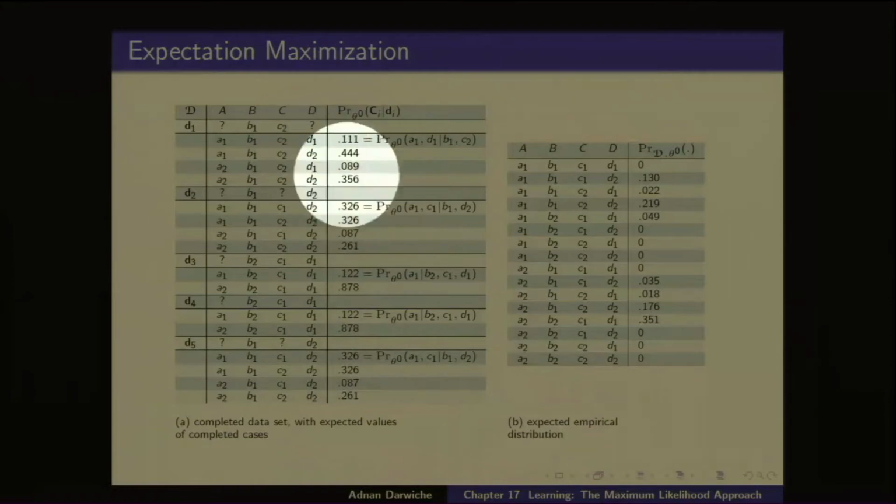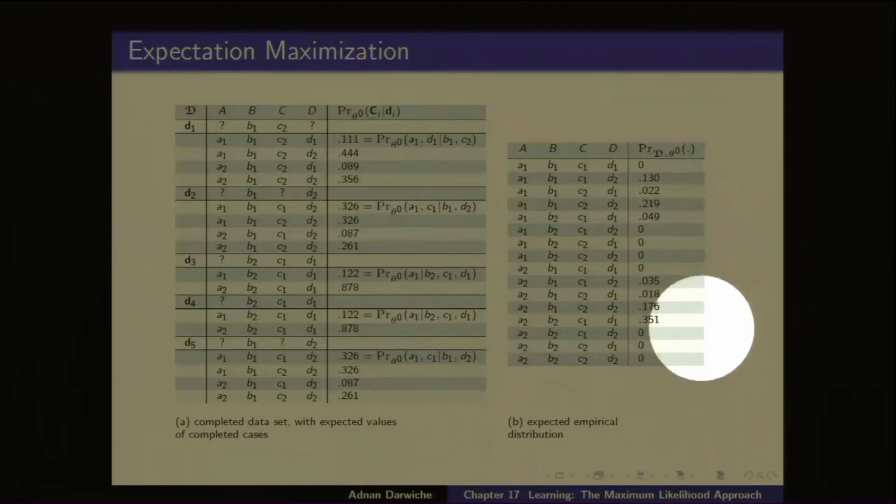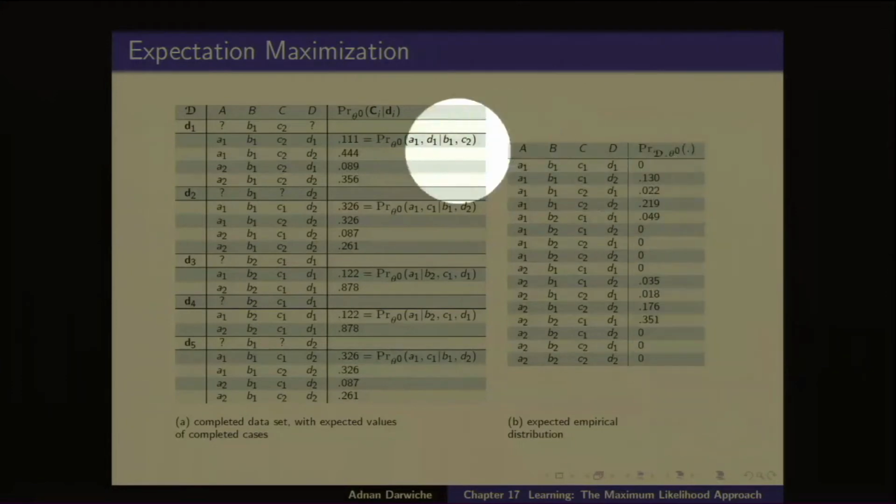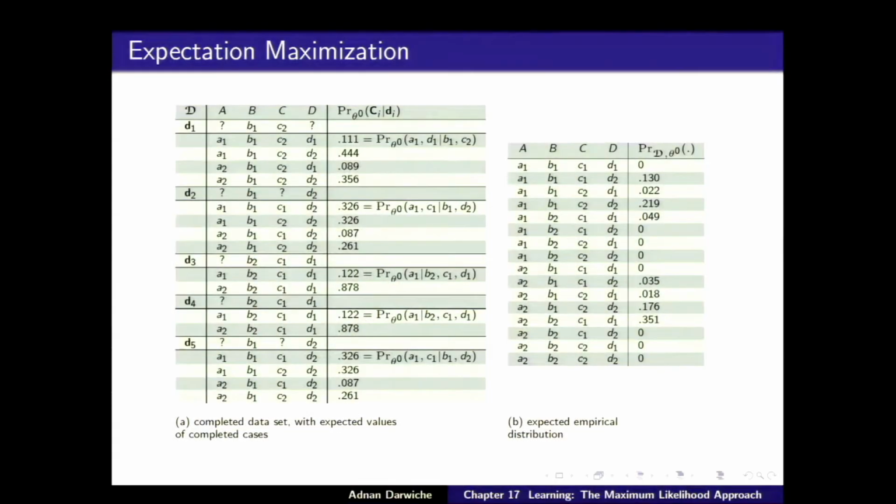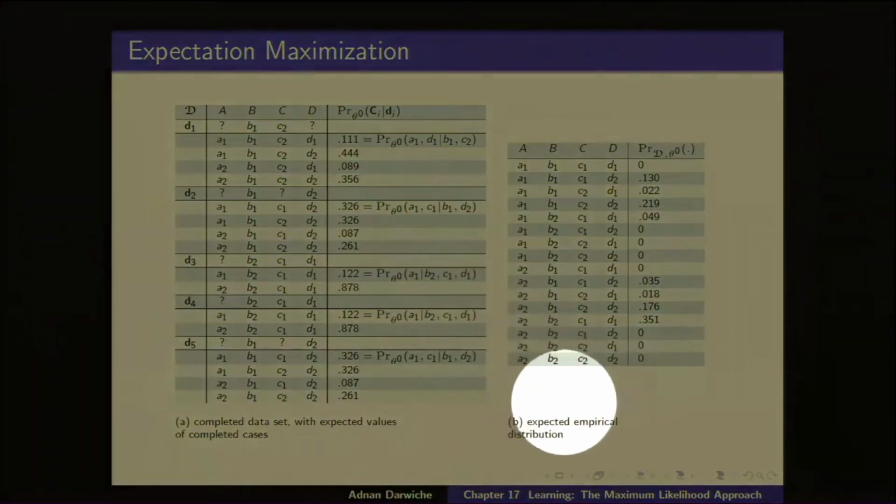Now, what can I get from this? An empirical distribution. When you have an incomplete data set, there is no notion of an empirical distribution. But if you complete it, then you can start talking about an empirical distribution. But now what do we call that empirical distribution? We call it the expected empirical distribution.